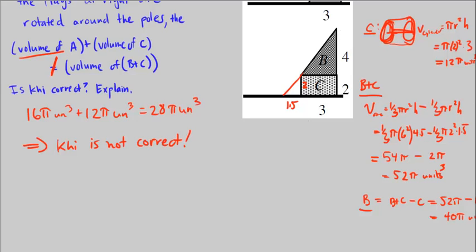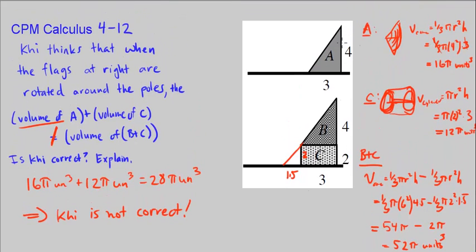So what is Kai thinking? Kai is thinking that you rotate this around, but that's not it. The area of B and A are the same, because this side is 3, this side is 4. So these triangles have the same area. But when you rotate this one around, you're getting a bigger volume because it's further away from the pole.